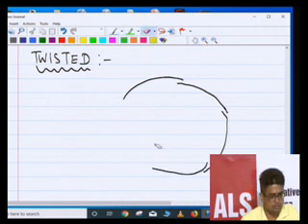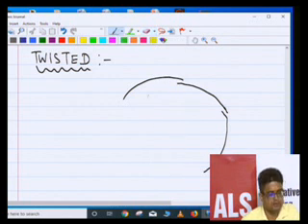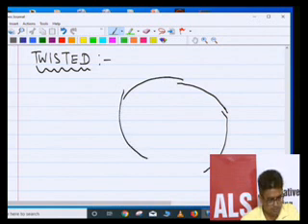First petal, second petal, third, and then there is the fourth. The fourth one is a bit misplaced.